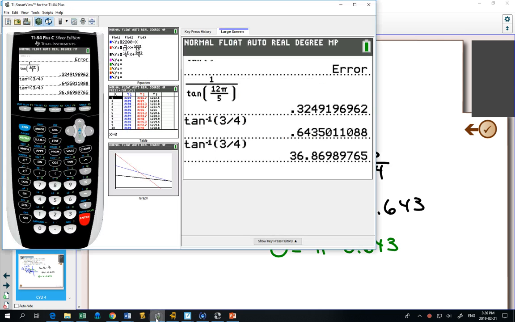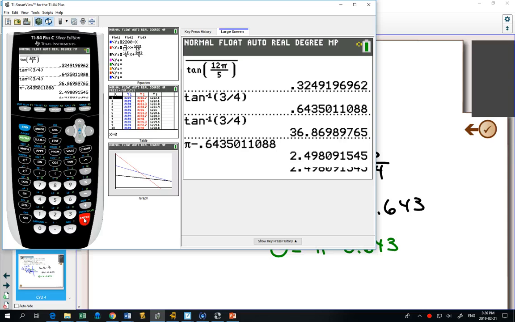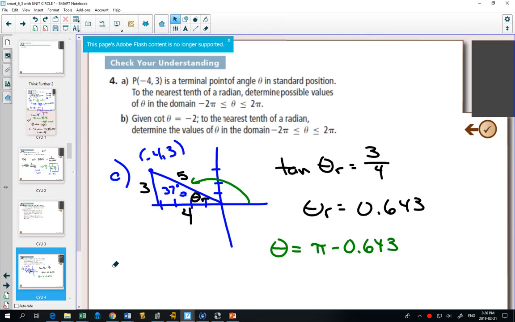I'm going to go to my calculator, π minus this answer. And my one answer is 2.5 to the nearest tenth. That would be the only answer between 0 and, remember, all the way around would be 2π.